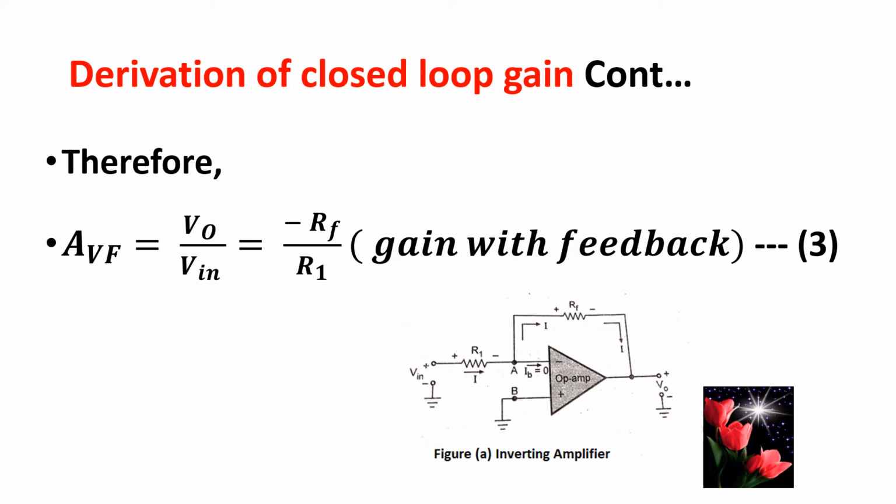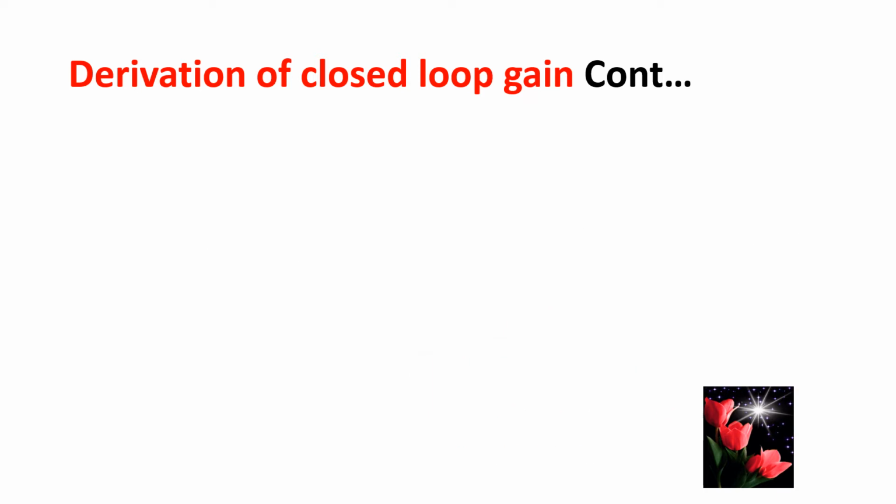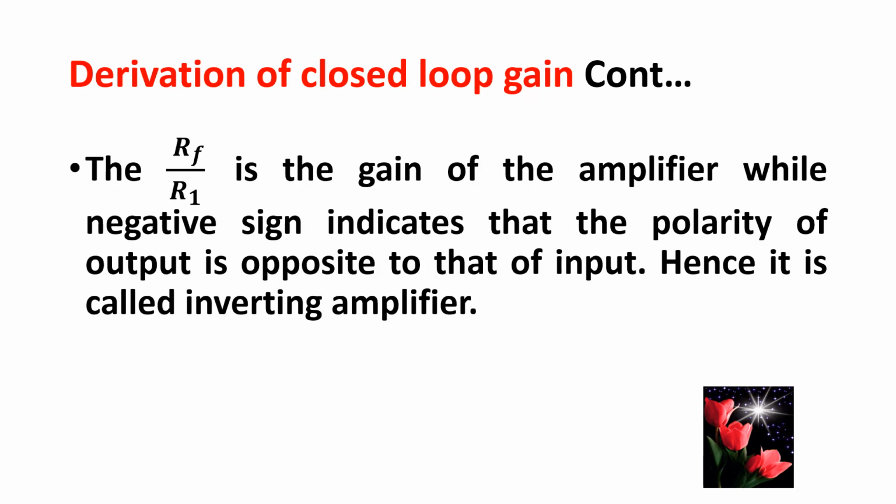Consider this as equation 3. RF by R1 is the gain of the amplifier, while the negative sign indicates that the polarity of the output is opposite to that of the input. Hence it is called an inverting amplifier.